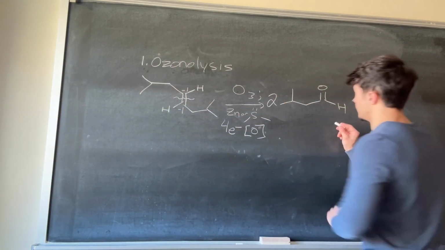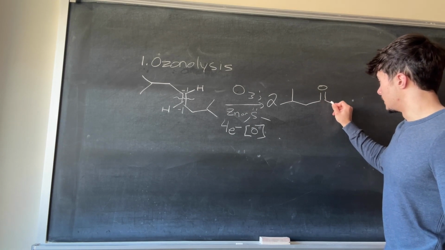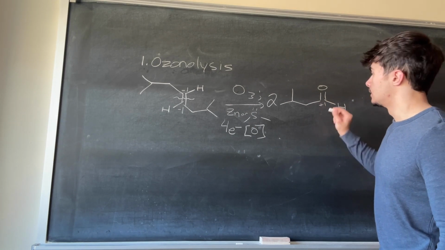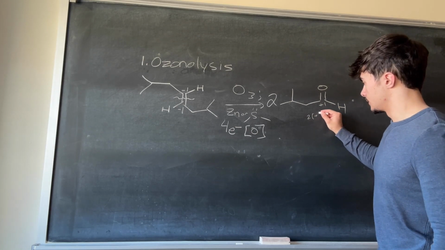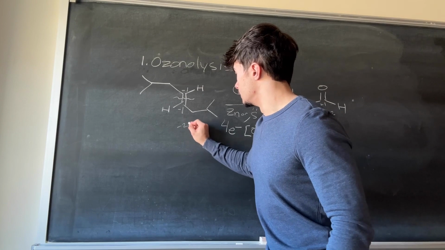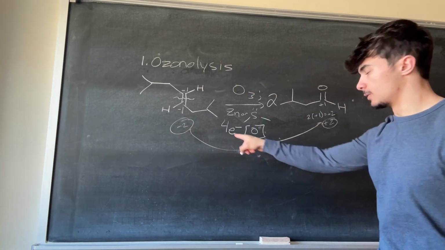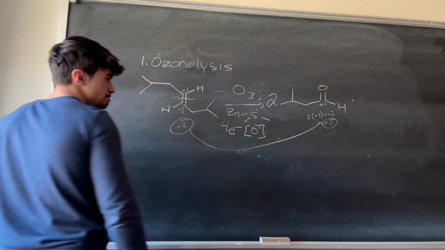Over here, we have two of these, each 0, plus 1, plus 1, minus 1, so this is a total of plus 1, but 2 plus 1s is plus 2, so we've gone from minus 2 to plus 2. It's a 4-electron oxidation.